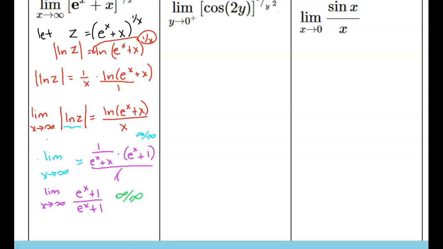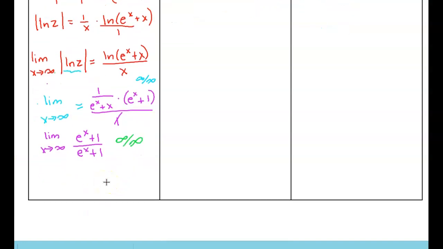So I need to do L'Hopital's rule for the second time. We get the limit as x approaches infinity. Sorry, I'll change my colors back. The derivative of the numerator, oops, this needs to be an x, I'm sorry, over the denominator.